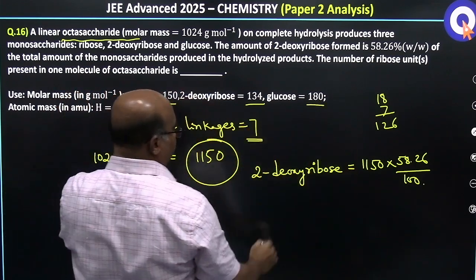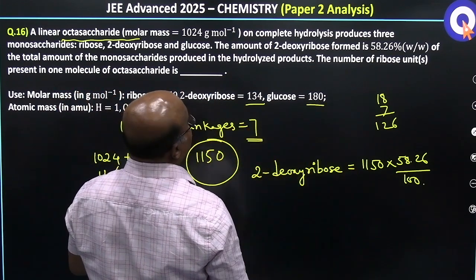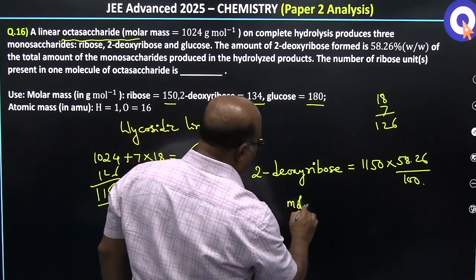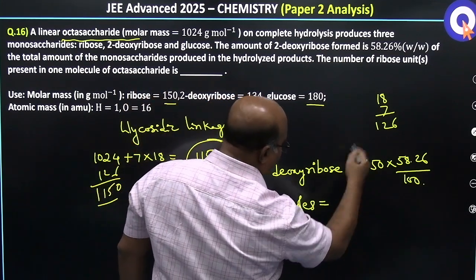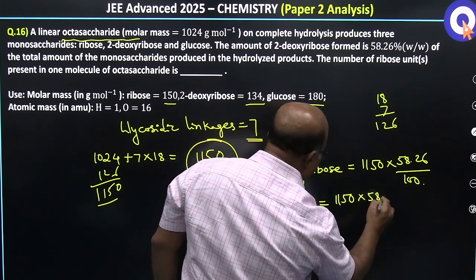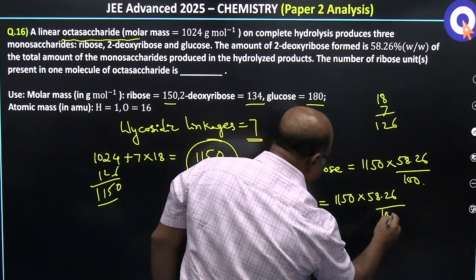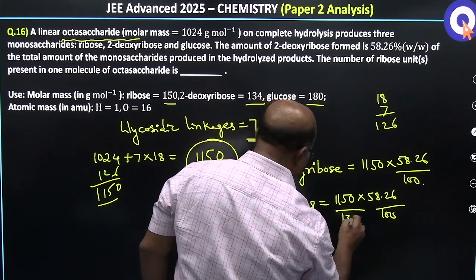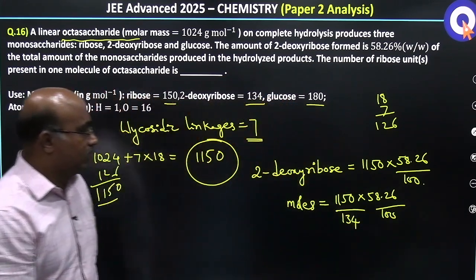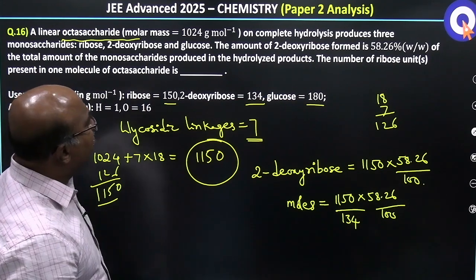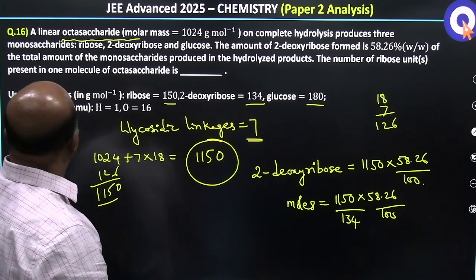So the number of moles, because he is asking how many units will exist in 1 mole, is the mass divided by the molecular weight, 58.26 by 100 divided by the molecular weight of this, 134. Otherwise you can see the mass only, I think that is enough. I think the units are not required. For ribose you don't require it.